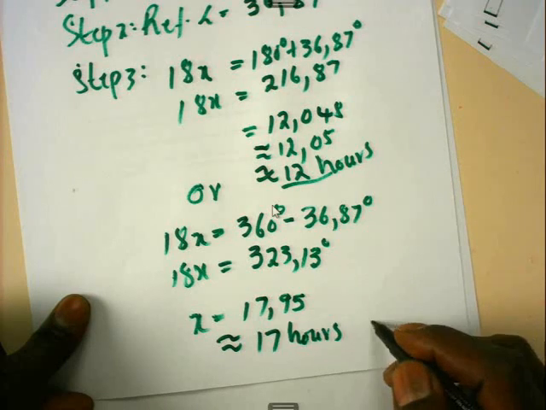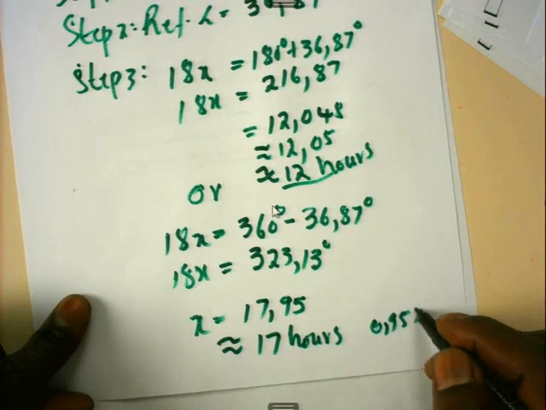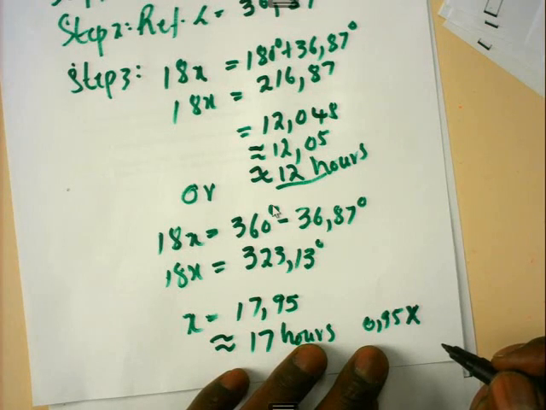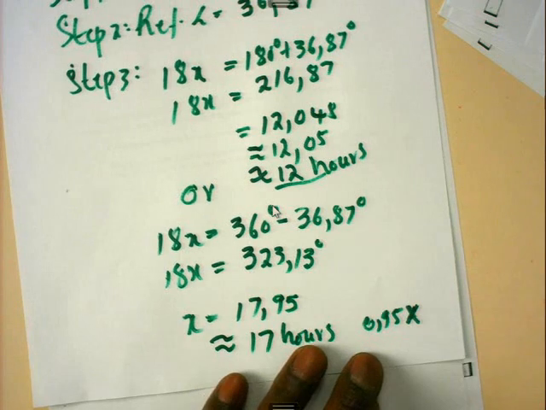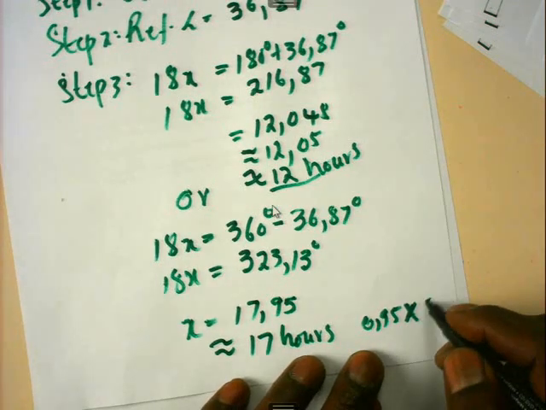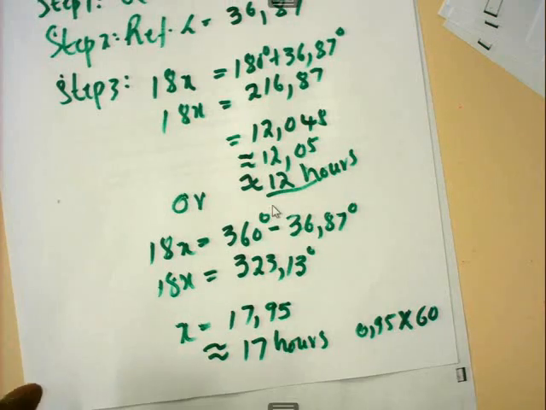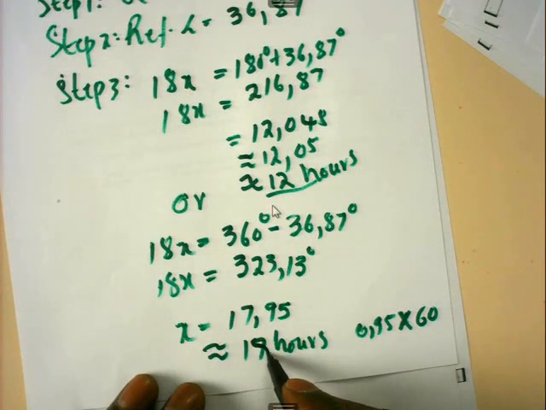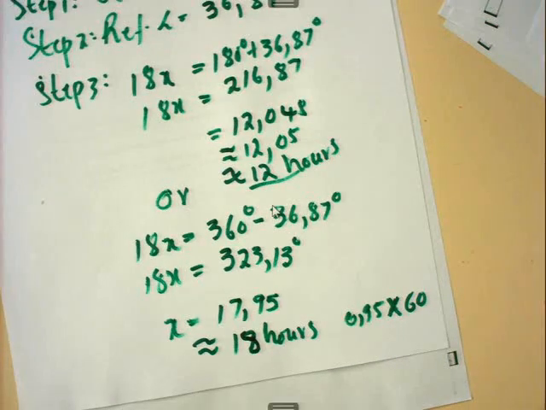Let's check. 0.95 multiplied by, we want to make this to be the hours, we must multiply that by 60. 0.95 multiplied by 60 will be 57 minutes, which is approximately 1 hour. So we will say that is approximately 18 hours.